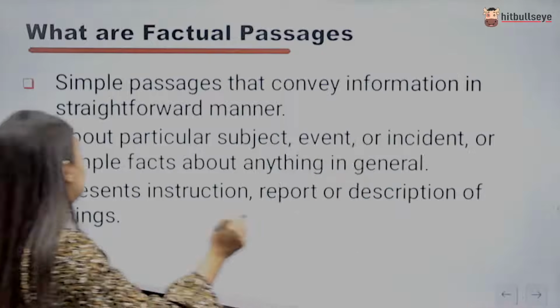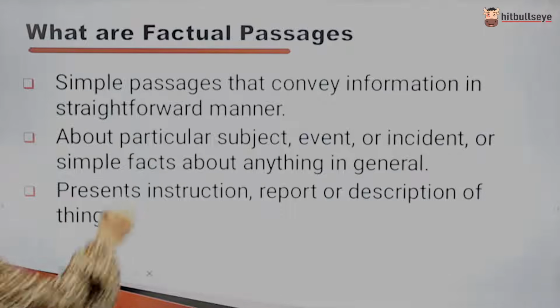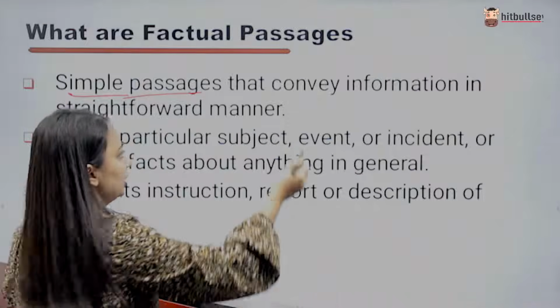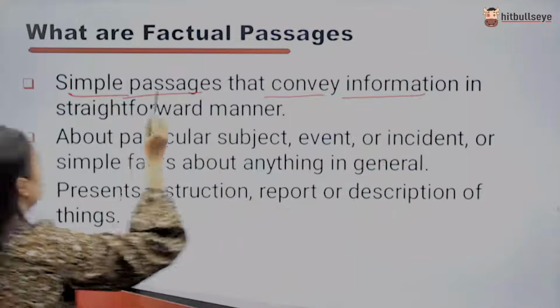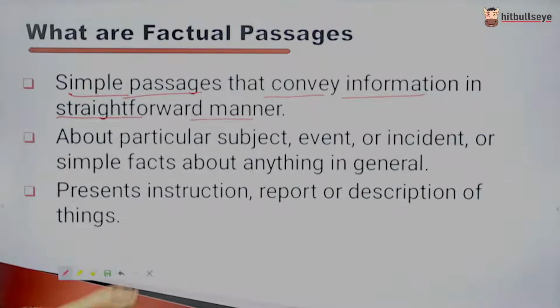Moving on to our next slide. First of all, we need to understand what a factual passage is. A factual passage is a simple passage written in very simple language which simply conveys information in a straightforward manner. It may be information or instruction.